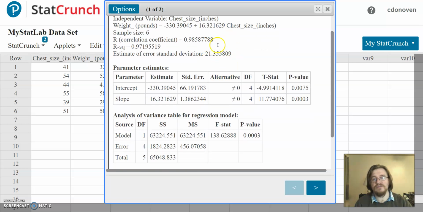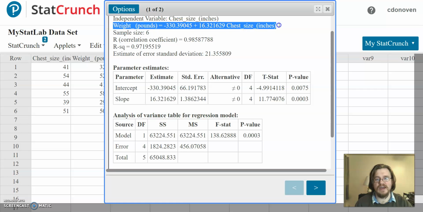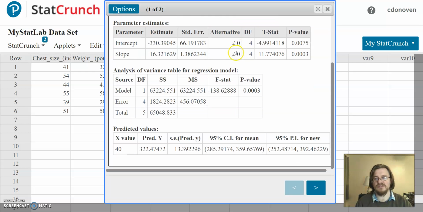Now, the p-value that we want for our model is going to be 0.0003. And if we compare the p-value to the significance level that we wanted, which is 0.05, our p-value is a lot less than that. So we want to use our formula, our regression equation, to make this prediction.